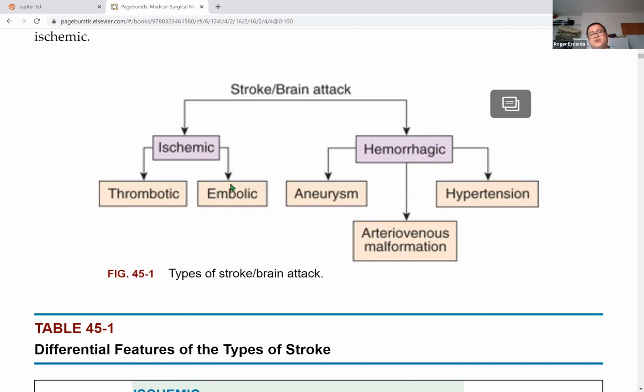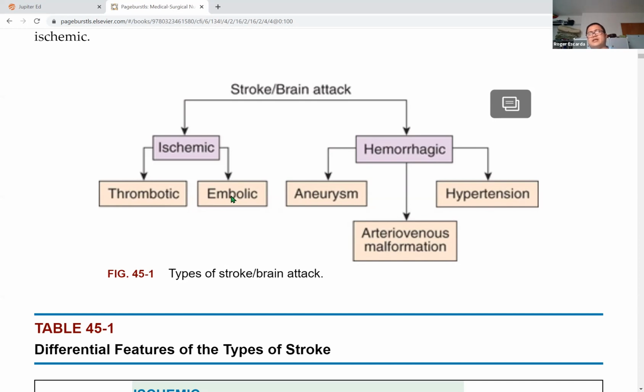In embolic stroke, which is still ischemic, the clot that caused the obstruction may come from elsewhere, not necessarily formed within a cerebral artery, unlike in thrombotic stroke. This one is usually cardiac in nature, meaning you had a problem elsewhere.